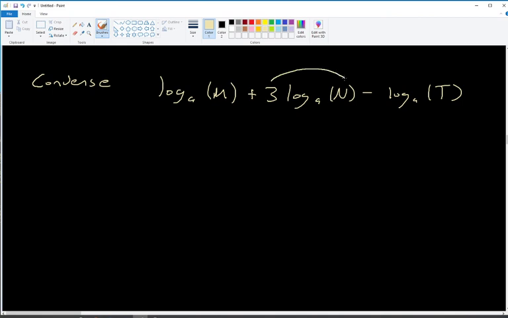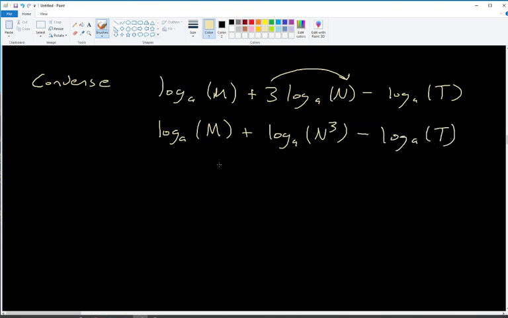So I'm going to pull the power 3 back inside first. So I have log base a of m plus log base a of n cubed minus log base a of t. Next, I'm going to rewrite the plus as a multiplication. So this will be log base a of m times n cubed minus log base a of t.